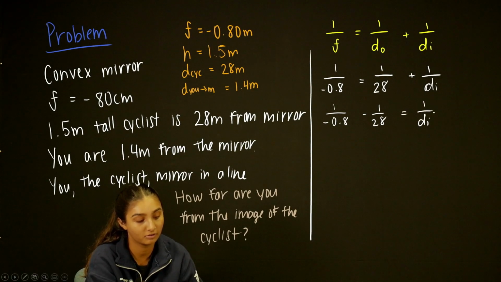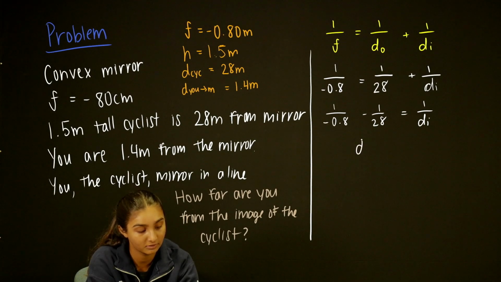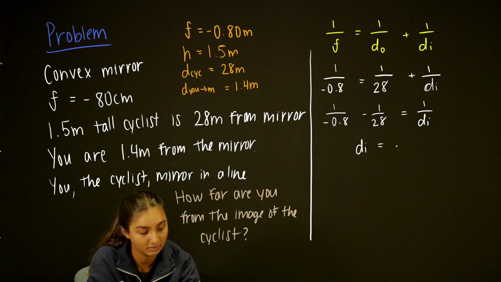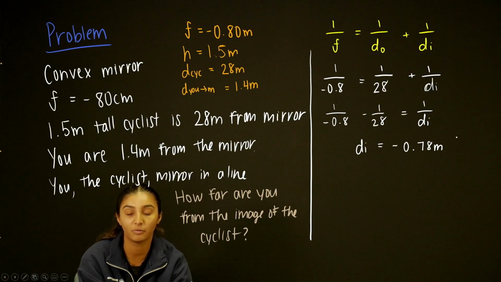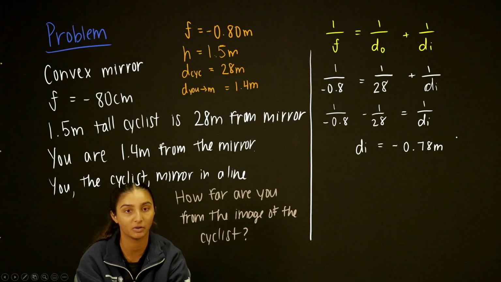And after solving for that and finding the inverse, we get that the distance of the image is approximately negative 0.78. But we don't stop there because our question is, how far are you from the image of the cyclist? We know the image of the cyclist, but we don't know how far we are.